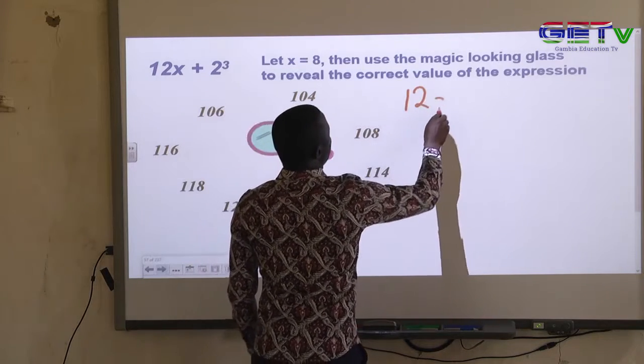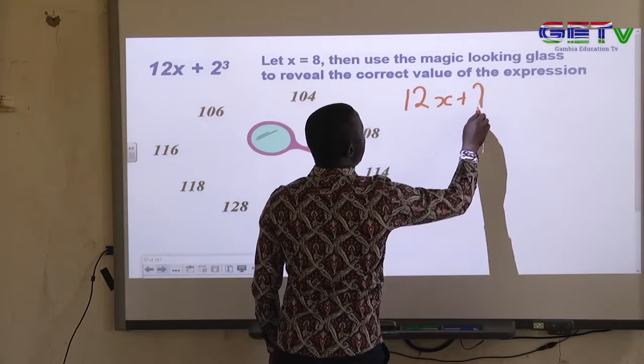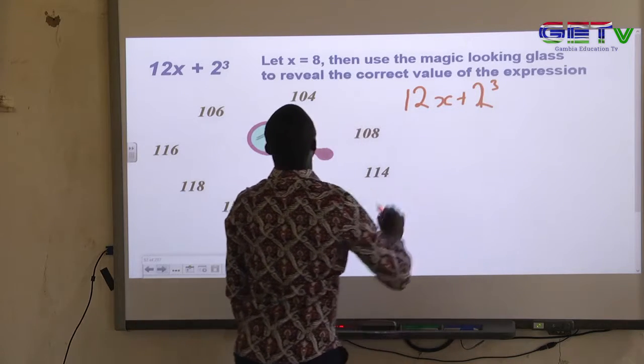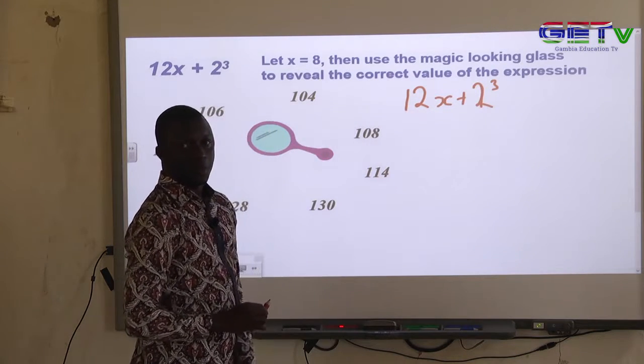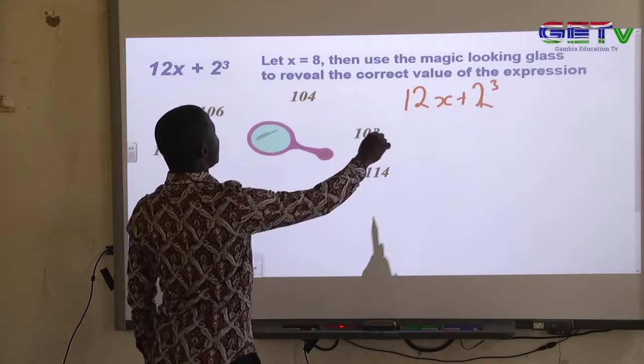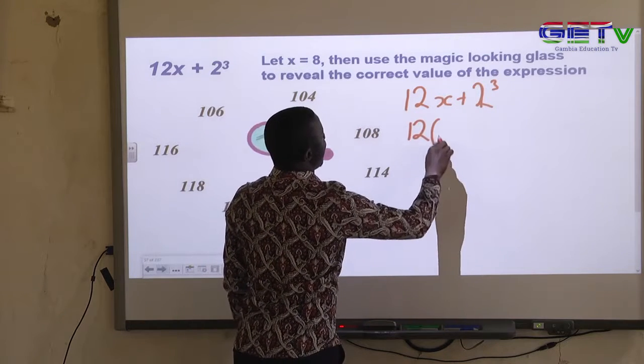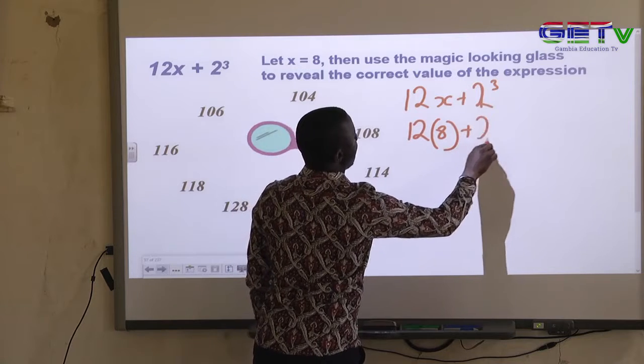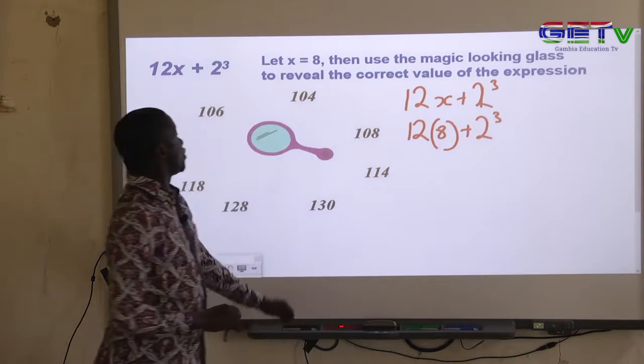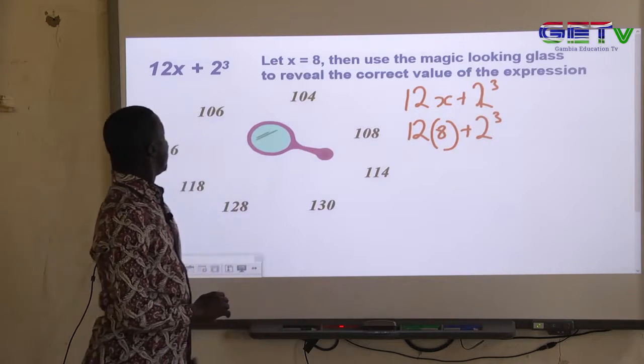We write the expression as the first step: 12x plus 3 to the power 2 to the power 3. We are given the value of x as 8. So we shall substitute x for 8.